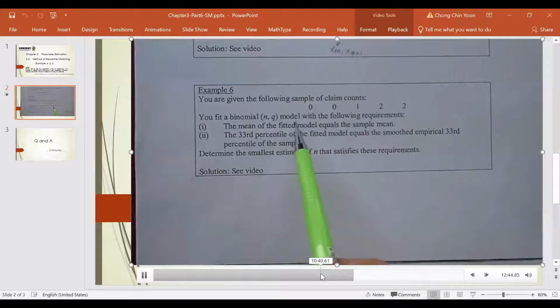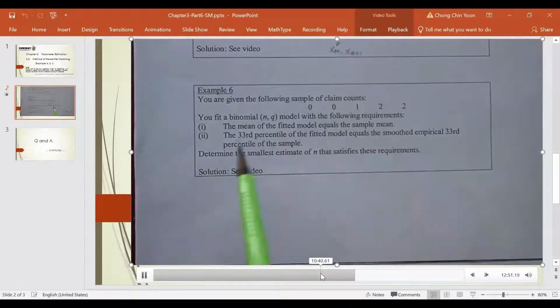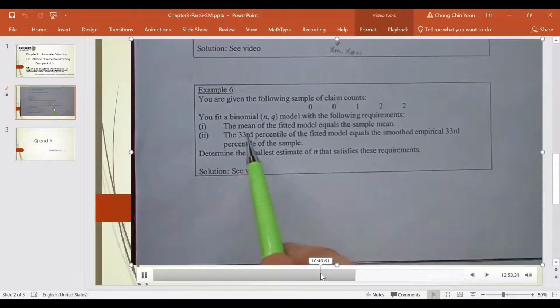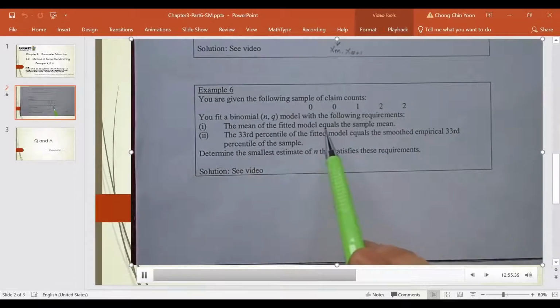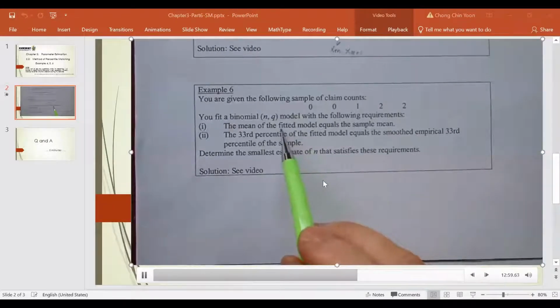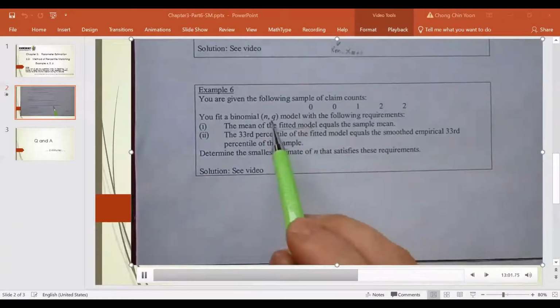You fit the binomial model with parameters n and q with the following requirements. First, the mean of the fitted model equals the sample mean. This fitted model refers to the binomial distribution.